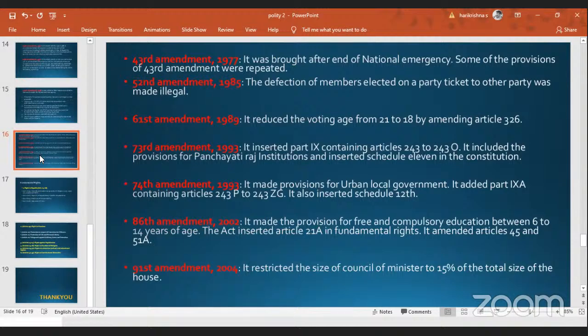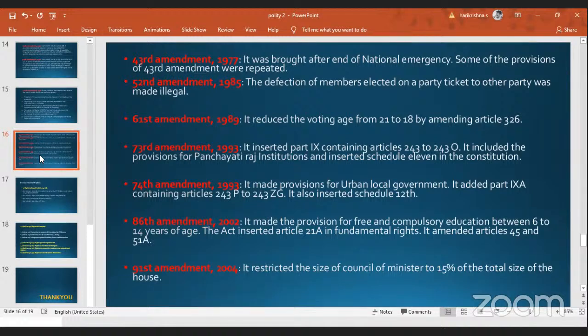Then the 73rd amendment includes the Panchayati Raj institutions. Then the 74th includes urban local government provisions. Then the 86th, that's also important, the 86th amendment 2002, made provision for free and compulsory education for children aged 6 to 14 years.